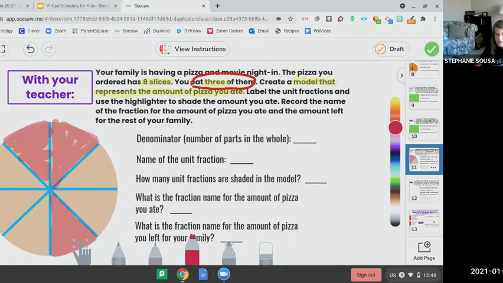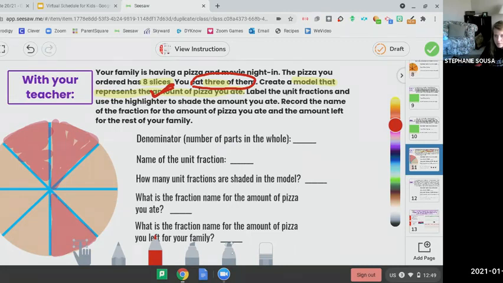Your pieces do not have to be touching each other. They do not have to be the exact same pieces that I chose. But you do have to have 3 of them, okay? So create a model that represents the amount of pizza you ate. Done. I ate 3 of the 8 slices.